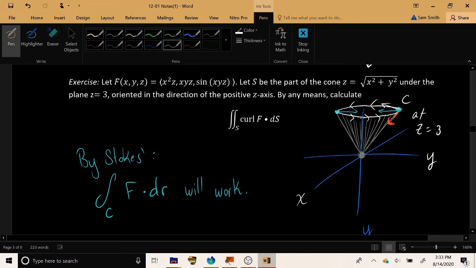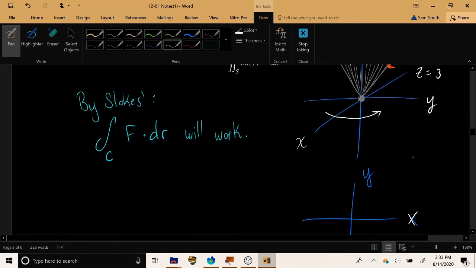Now have a look at the orientation arrows that we have drawn. If I am traversing the boundary of C in the positive direction, these arrows are curling up from the positive x direction toward the positive y direction.